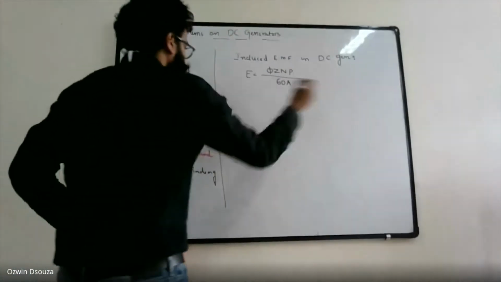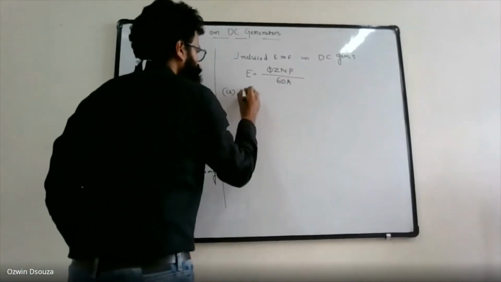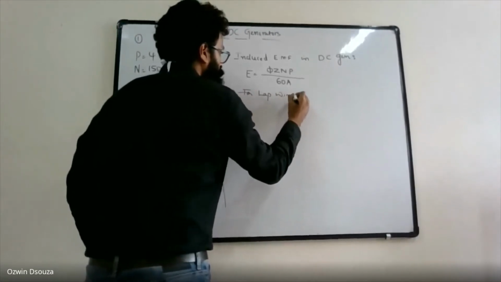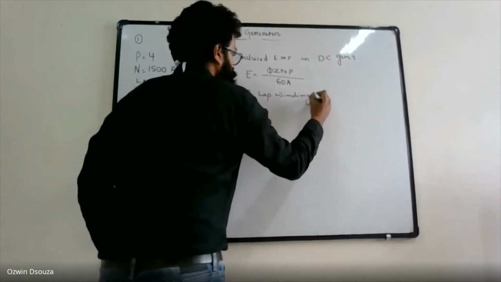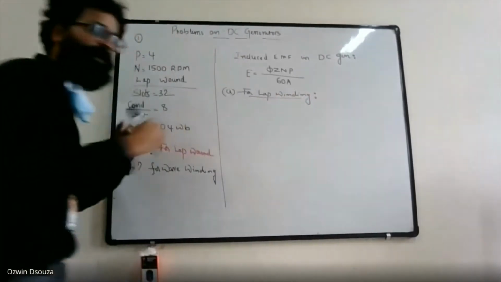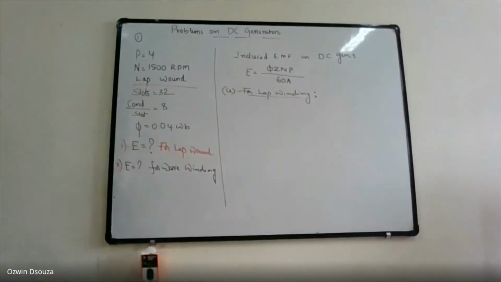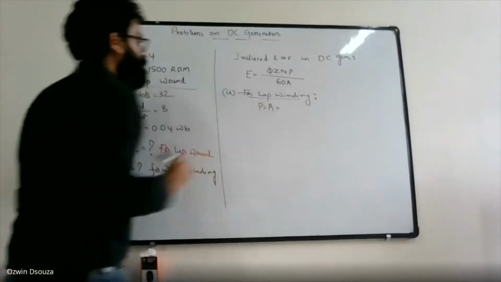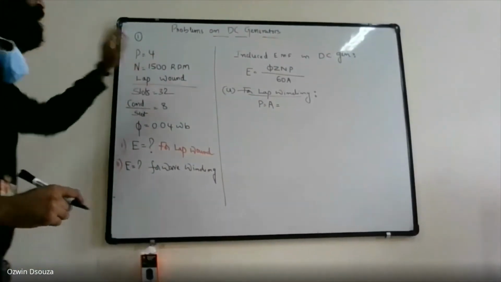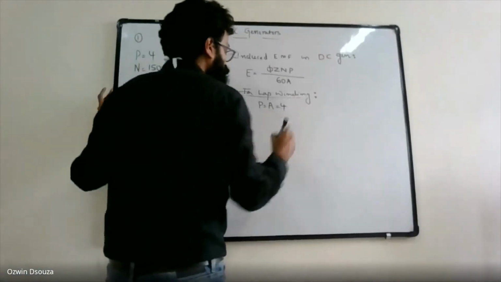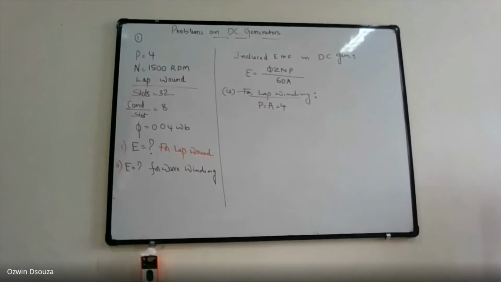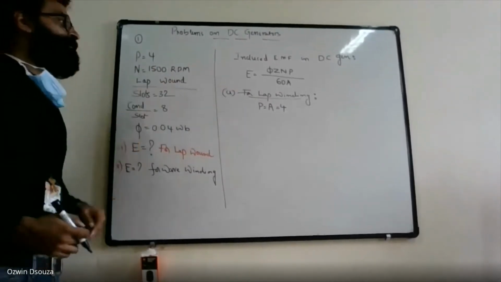So for a lap wound machine, here itself we can create the two cases. For a lap wound machine, we have P is equal to A, and that is 4, right? Because number of poles is equal to number of armature paths, and number of poles is given as 4.